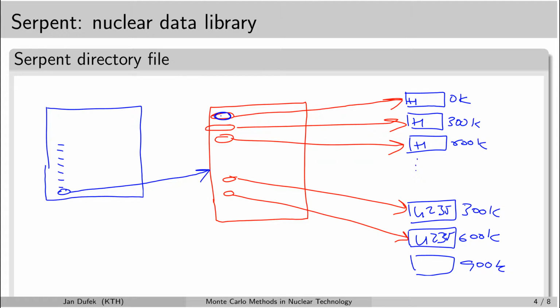So we can associate our nuclide with the library through the names from the directory file. We need to check the name of the nuclide at different temperatures in the directory file, and we have to use these specific names in our input file.